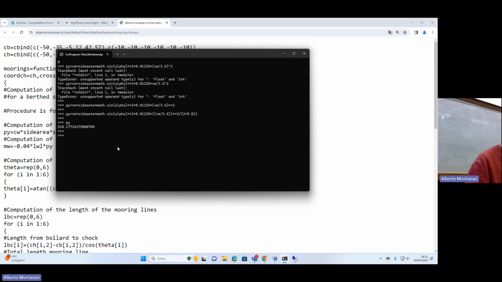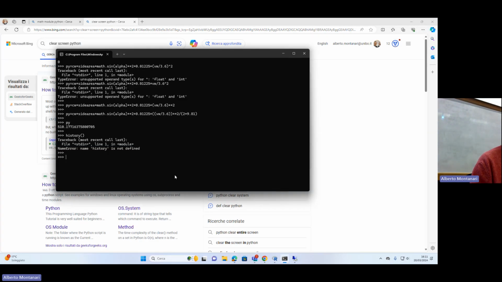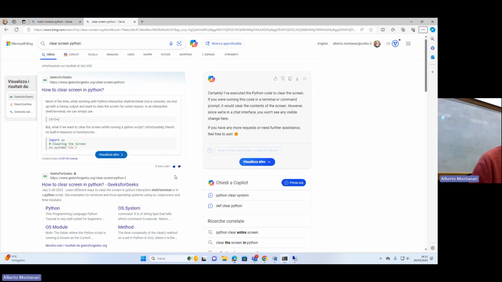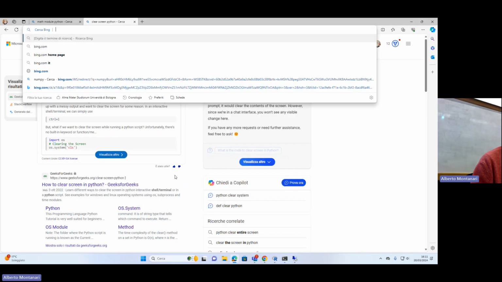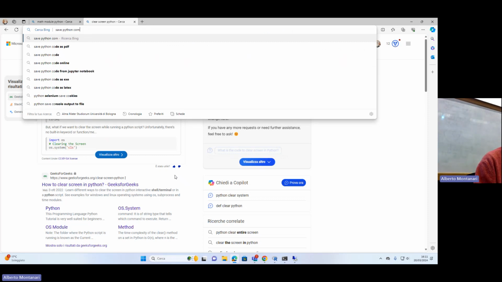Here, you can make something very similar. In my case, I didn't copy anything, so I wonder whether it's possible to get a history. Let me see. I don't think so. I don't think it is so easy. So let me check. Because what I really would like to do now is to try to save everything, okay? So let's write save Python commands.